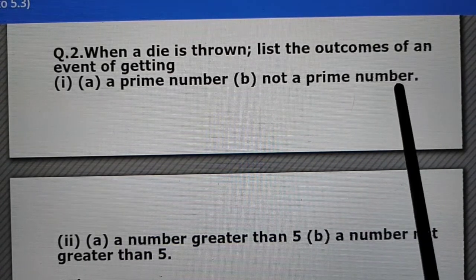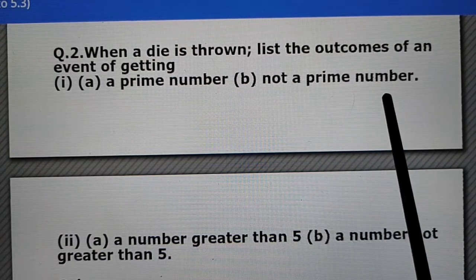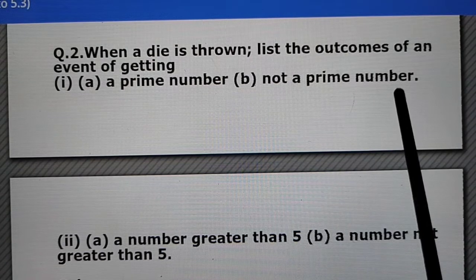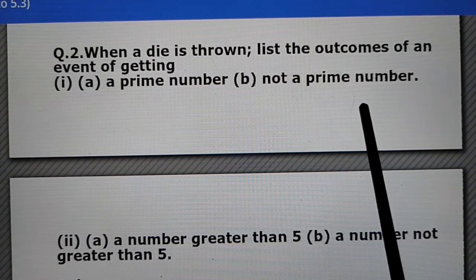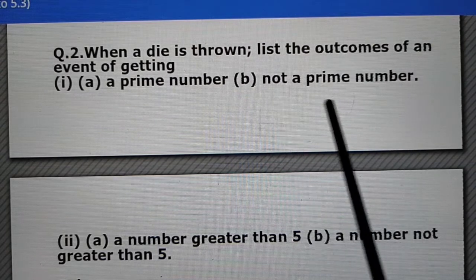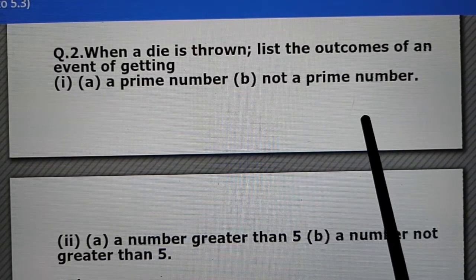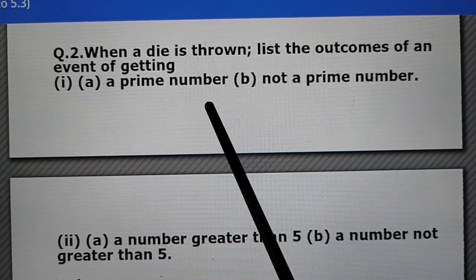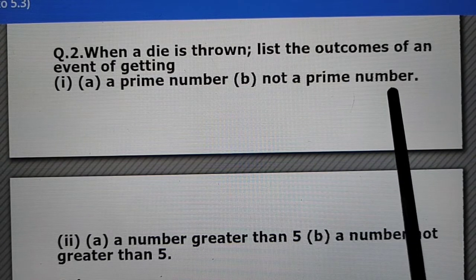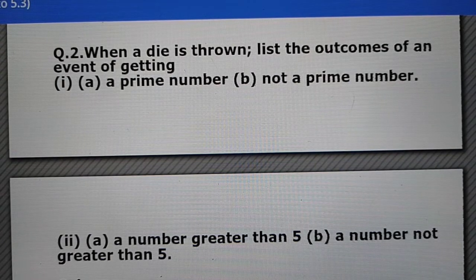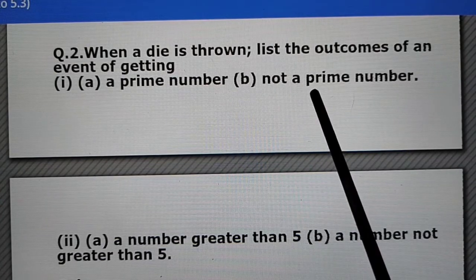Now, not a prime number: what are the numbers that are not prime? 1 is not prime, 4 is not prime, 6 is not prime. So in this case our favorable events are 1, 4, 6, and for prime, 2, 3 and 5. The outcomes can be anything from 1 to 6, but our favorable events are different.